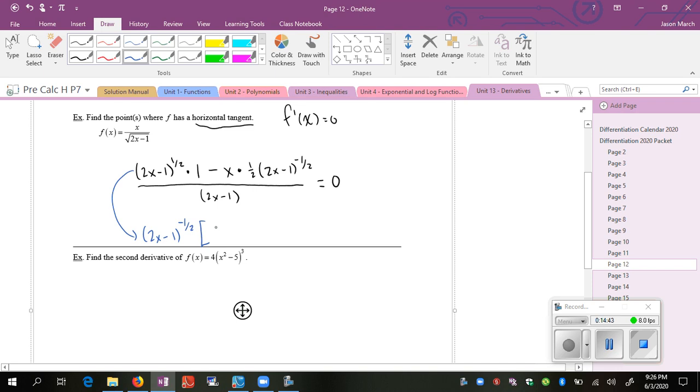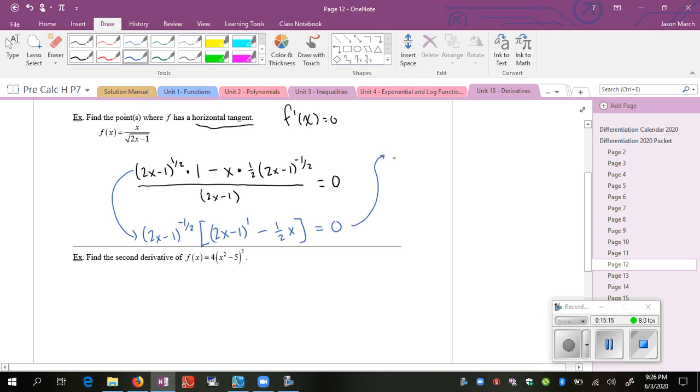So we do that, and now the top becomes 2x minus 1 to the first times 1, so I don't even have to write the exponent or the times 1. And then we have minus 1/2 x times nothing. Okay, so this is the numerator now, simplified and set equal to 0.